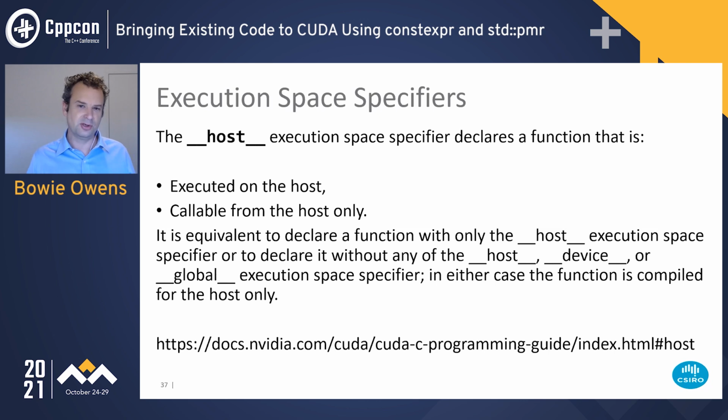Now, the third of the execution space specifiers is __host__. Host means that it is executed on the host, the CPU, and callable from the host only. Okay. Now, if we omit __host__ as a specifier from any of our functions, which is how your code is going to start when you've got existing code, it's going to be callable from the host only. The host will be assumed.